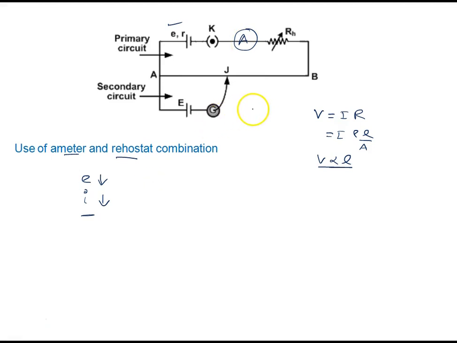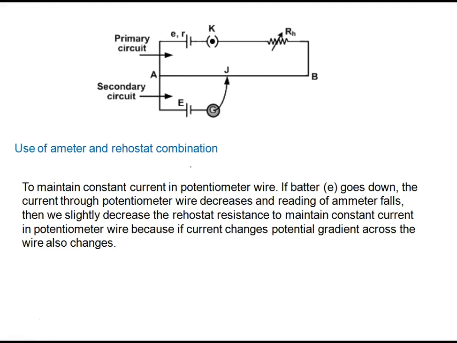When the ammeter reading is decreasing, we can say the current is decreasing in the circuit. At the same time, we decrease the resistance from the rheostat. The rheostat is a device which provides a variable resistance. So when we decrease the resistance, what will happen? We can adjust the same current in the circuit and we can maintain the potential gradient. Okay, check it, just read it.